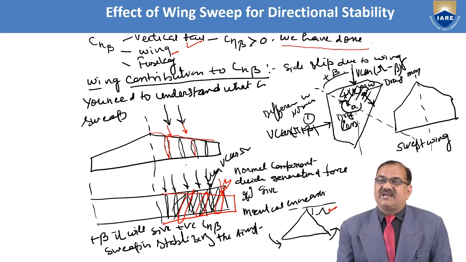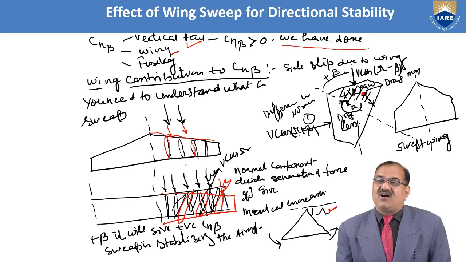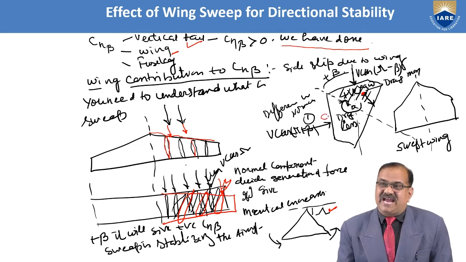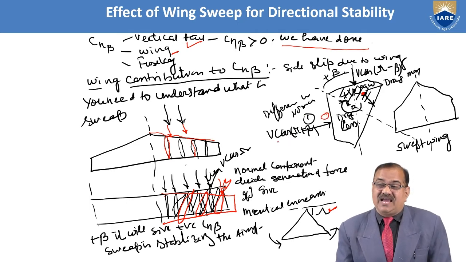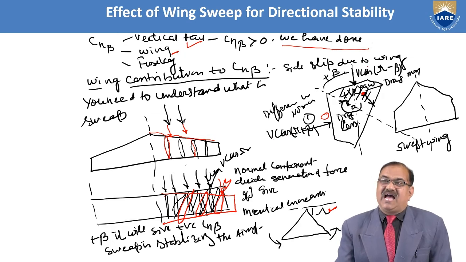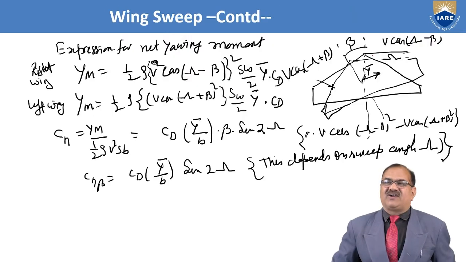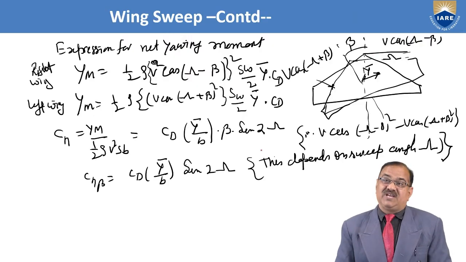This is the effect of the difference in normal. The left side will face the velocity V cos(sigma plus beta), and the right side will face V cos(sigma minus beta). So there is a difference in angle of attack of the wings.